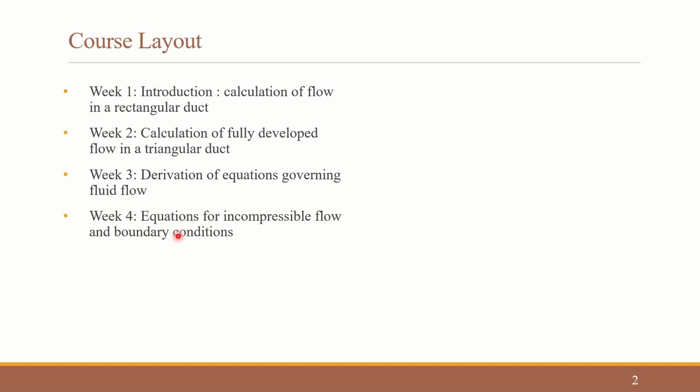Next is equations for incompressible flow and boundary conditions. We have seen the boundary conditions, where we specify certain values along the domain geometry so that we get a balanced system of equations and number of unknowns, so we can solve it and get the exact solution.